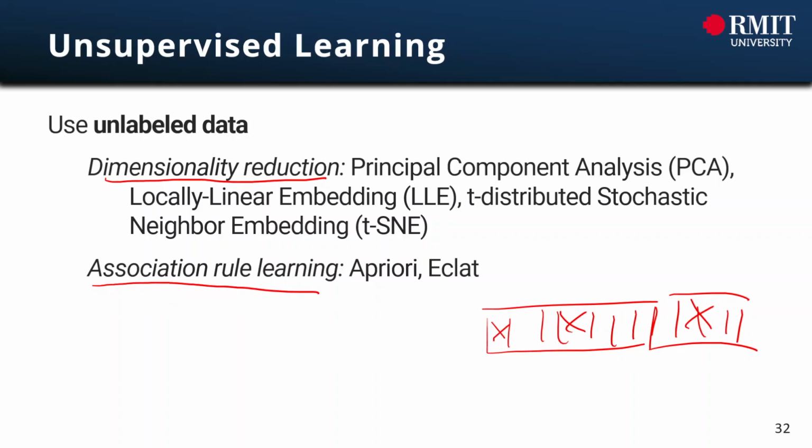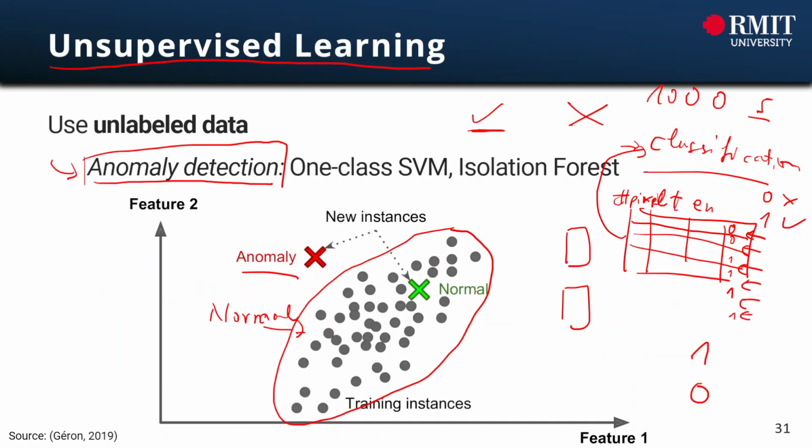Let's say someone comes into the market and buys some vegetables. It's very likely the next item he will buy is some spices or some milk or something like that. So we put those areas close together to make it more convenient for the customer, right? So that's one example of association rule learning. We find the rules of things that happen in the data. Okay. And here are some examples of the algorithms you can use for that.